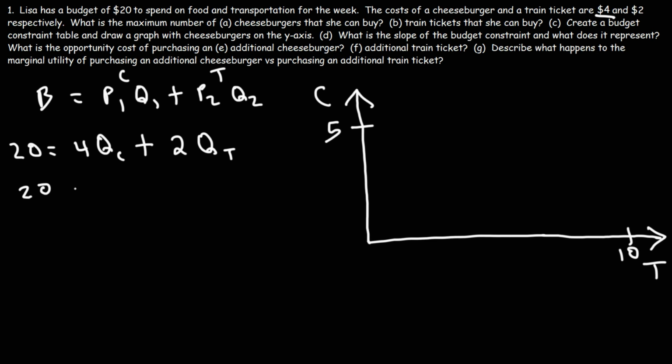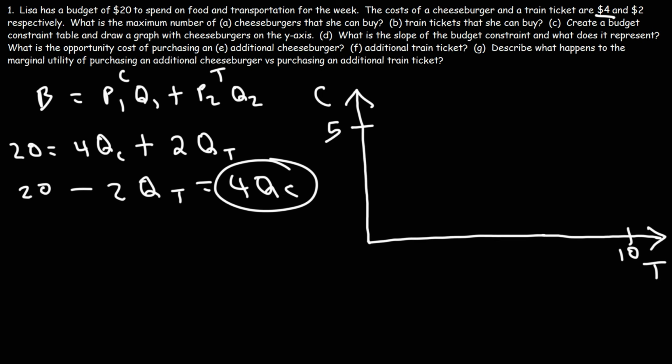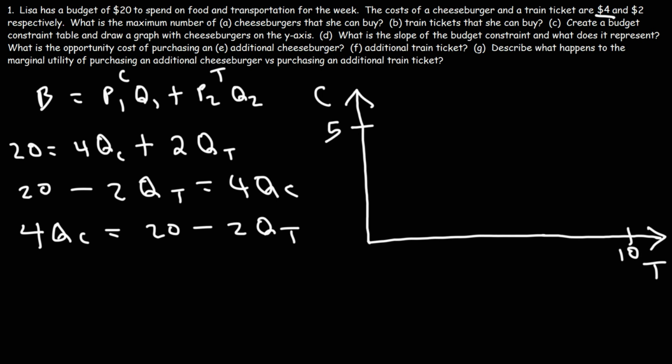So we have 20 minus 2QT is equal to 4QC. Now I want this term to be on the left side of the equation, so what you could do is simply reverse the equation. This equation is equivalent to 4QC is equal to 20 minus 2QT.